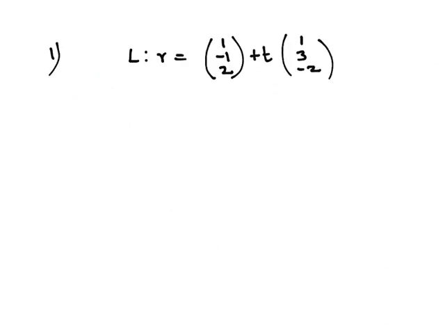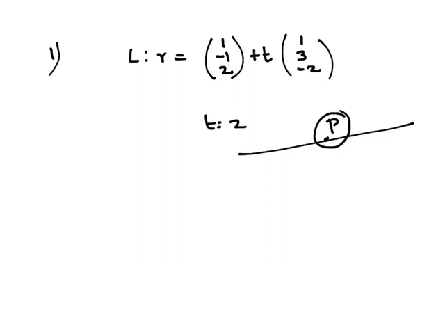Now it is given that this line L passes through the point P when t equal to 2. Let's say this is the line L, this is the point P. So you get the coordinates of this point when t equal to 2. I told you earlier that for different values of t, you get different points on the line.